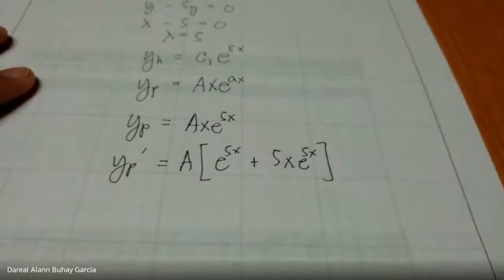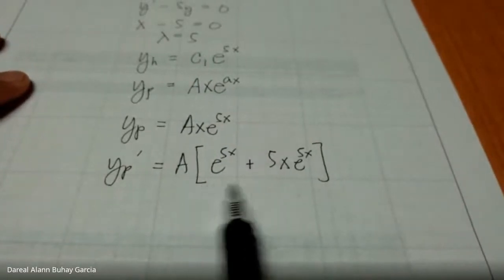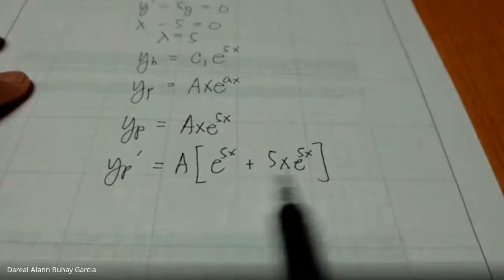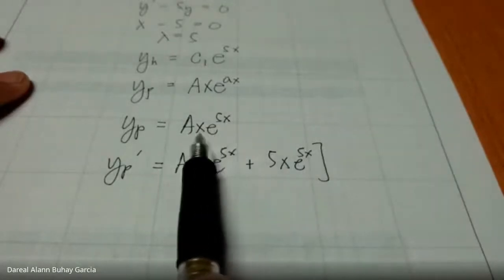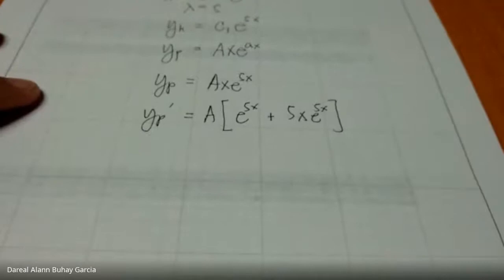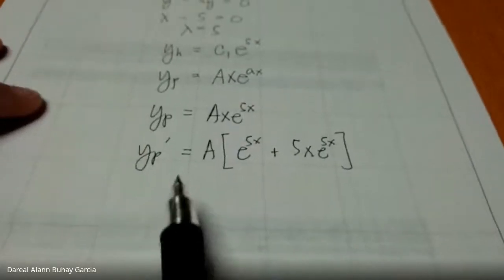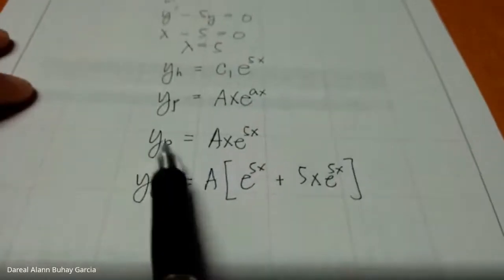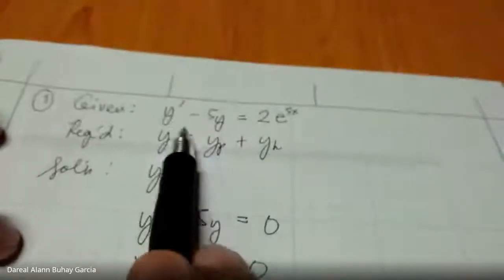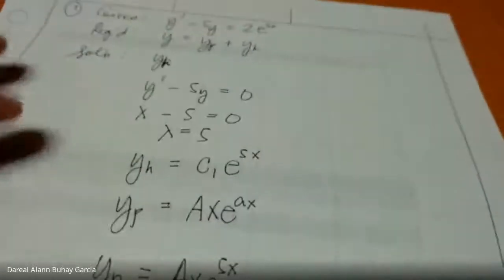It is just the product rule. Now we substitute y p prime and y p into our given: y prime minus 5y is equal to 2 e to the power of 5x.